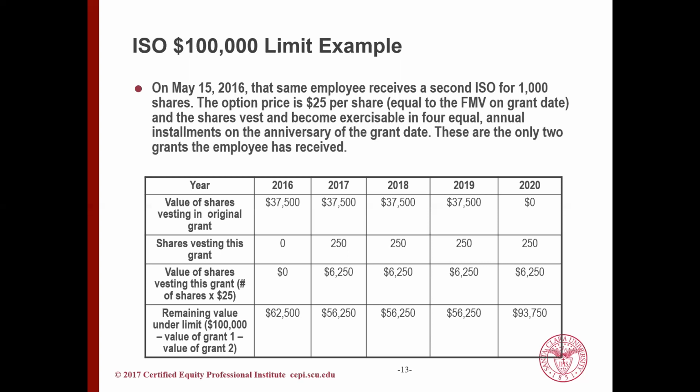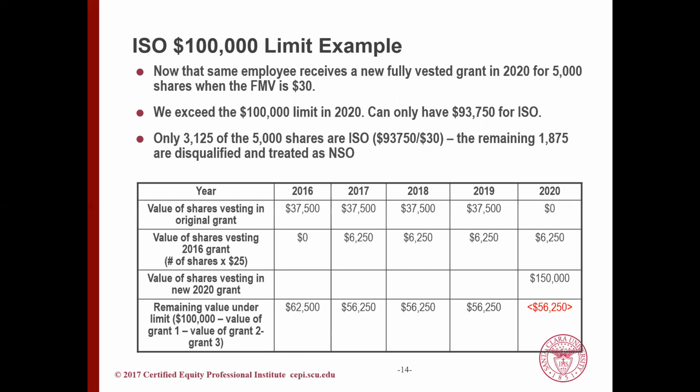Let's say that in 2020, the person received a 100% vested ISO for 5,000 shares at $30. Since it's 100% vested, the whole value is taken against the limit in that year.